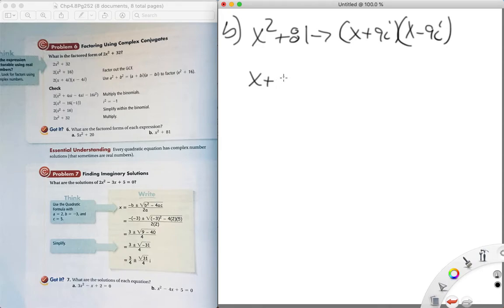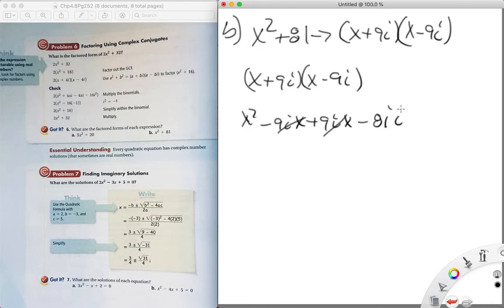Just as the proof, x plus 9i times x minus 9i gives x squared minus 9ix plus 9ix, they cancel, minus 81i squared, and that's going to be x squared minus -81, which is x squared plus 81. So it checks.